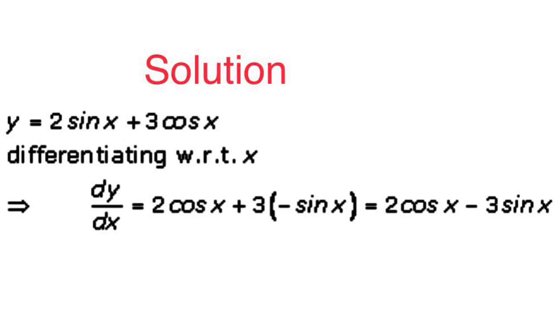We will get dy upon dx equals to 2 into derivative of sin x, which is cos x, plus 3 into the derivative of cos x, which is minus of sin x. So we will get 2 into cos x minus 3 into sin x as a first derivative.